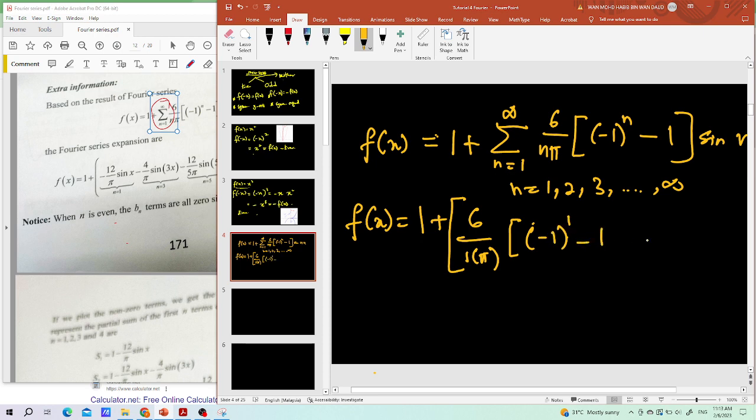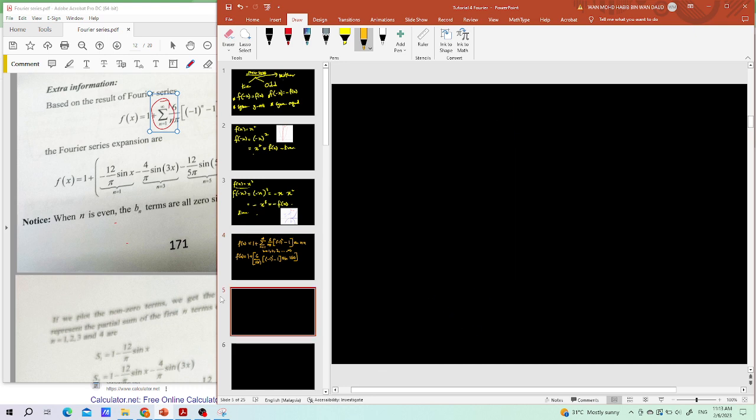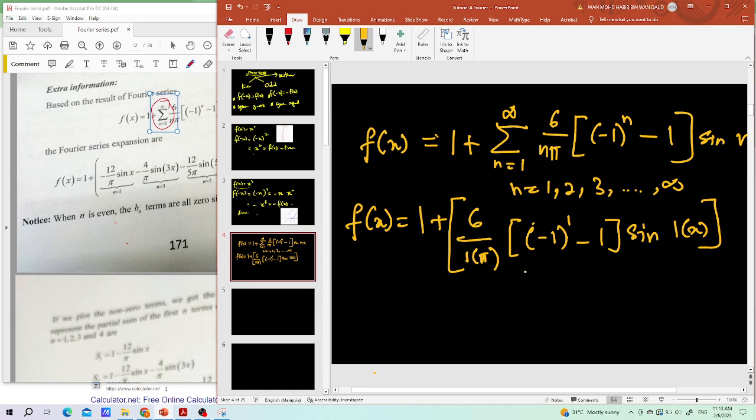(-1) to the power of 1, minus 1, so you will get sine 1x. And then close bracket, and we will get another term here.